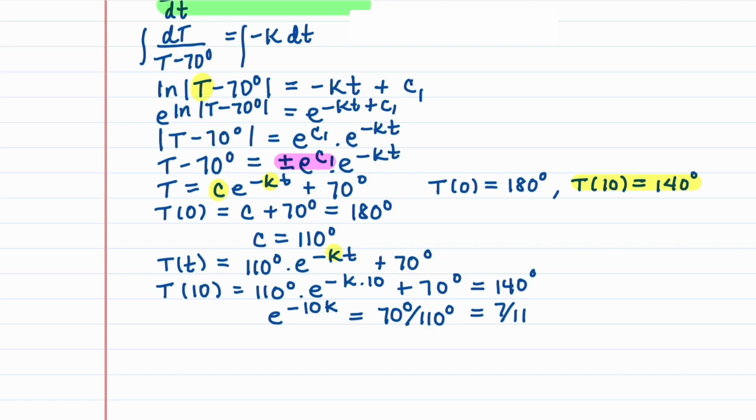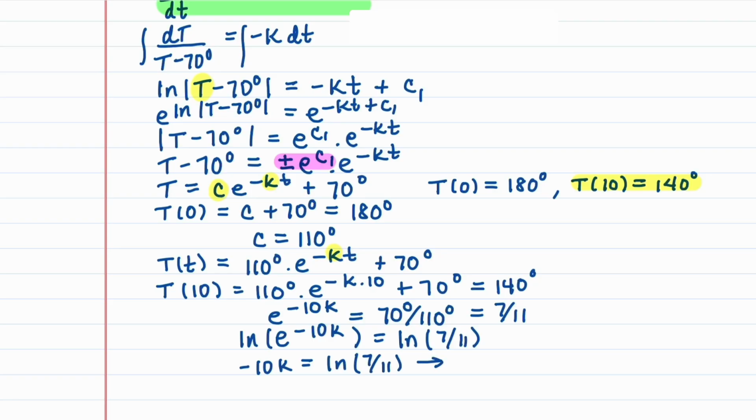Now we want to solve for k, or we can also solve for minus k. That might be easier. To do that, let's take the natural log of both sides, and that is going to get our k, or the minus k, out of the exponent. We then have minus 10k is the natural log of 7 divided by 11.